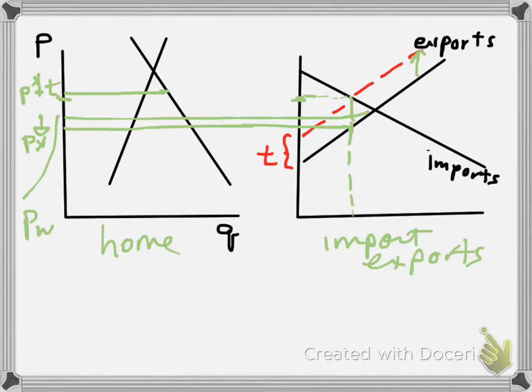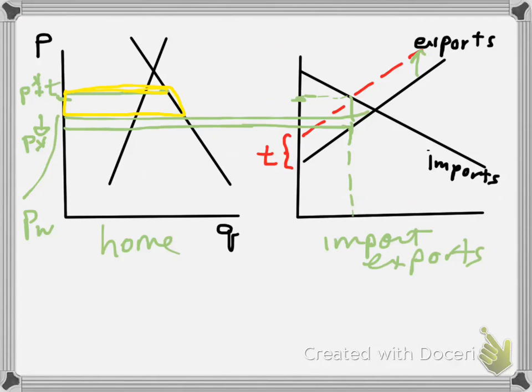So we can think about now what happens to the welfare effects of this tariff. Well, let's switch colors here. There's a loss of consumer surplus. Remember, consumer surplus is the area above the price line, below the demand curve. So that's the loss of consumer surplus, that trapezoid there.